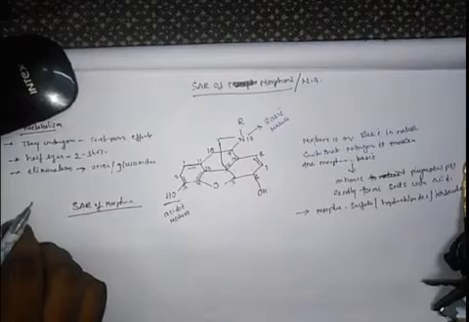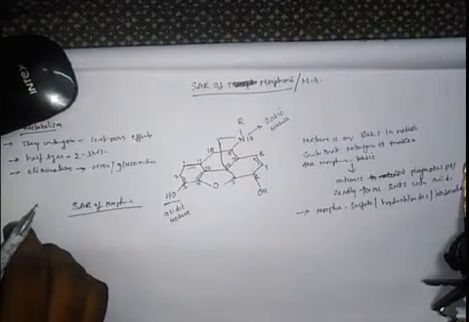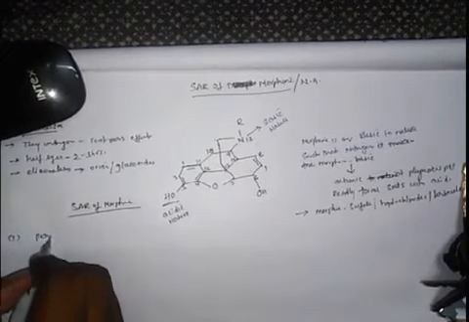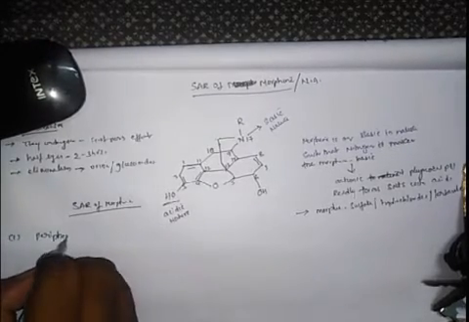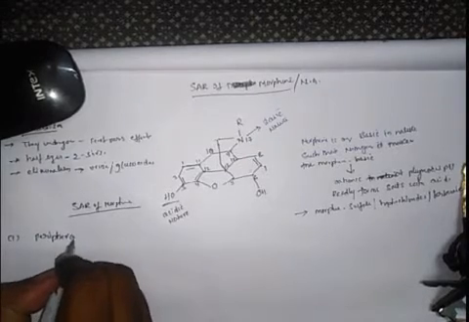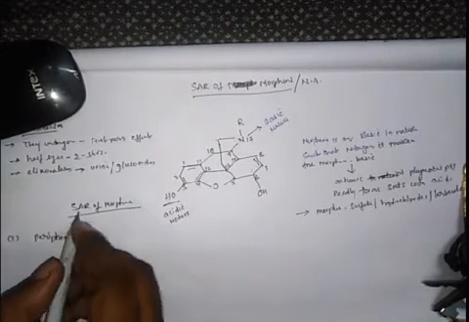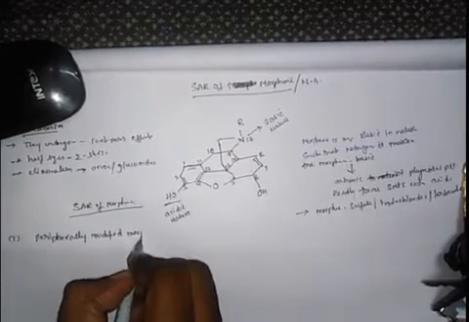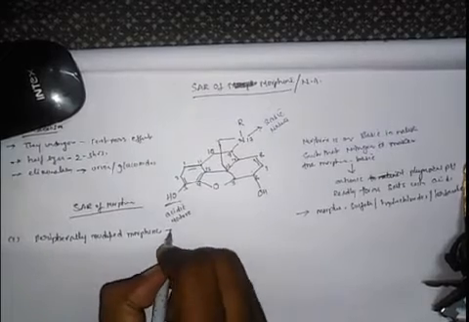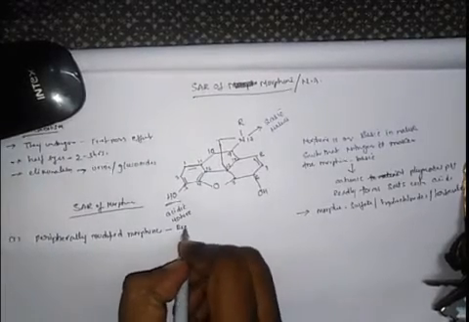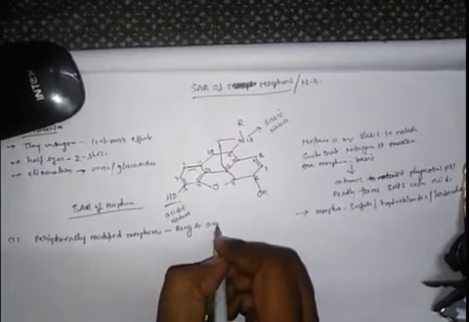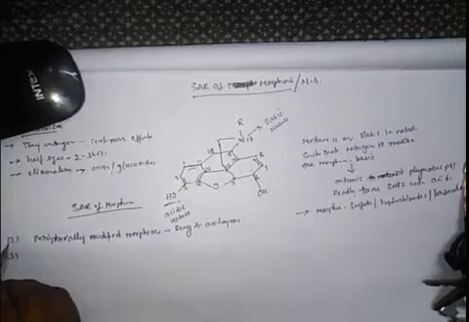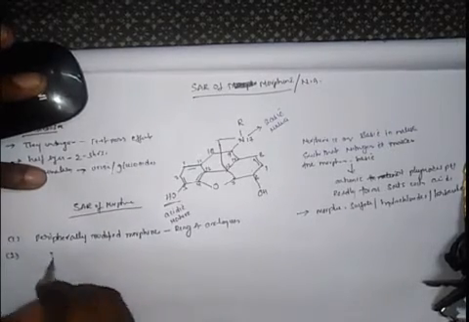The first subtopic is peripherally modified morphines, that is the ring A analogs. The second subtopic is peripherally modified morphine, ring C analogs.